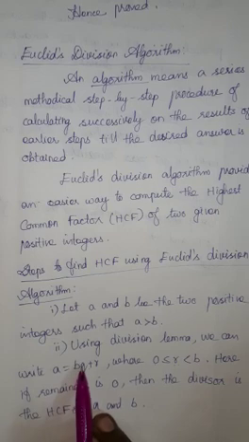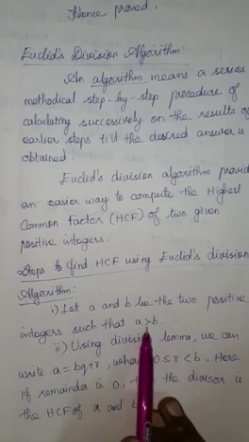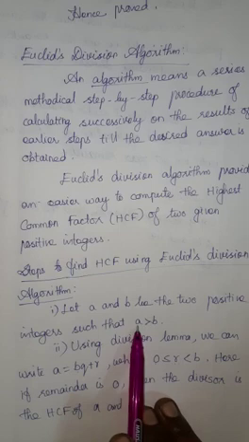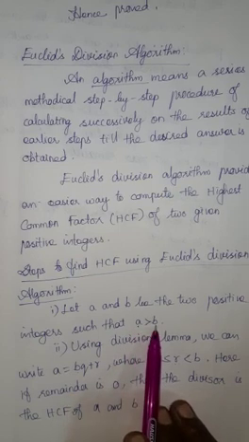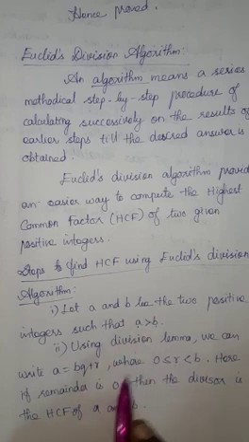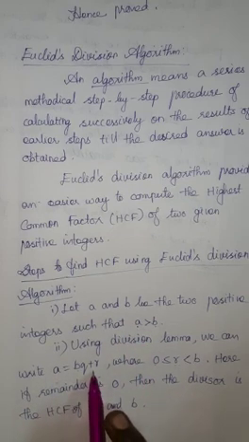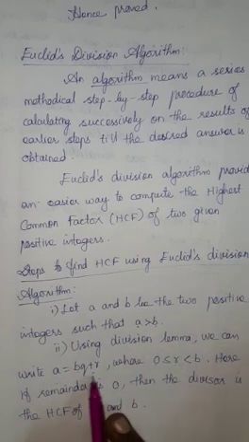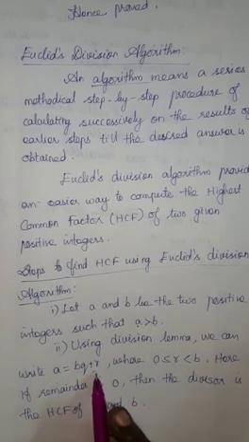Are you clear? Whenever you get two numbers, you check which is the highest number. The highest number you consider as the dividend and the small number you consider as the divisor. So using the two relations you write the division lemma. Dividend divided by divisor, you divide and write the division lemma in the correct procedure.